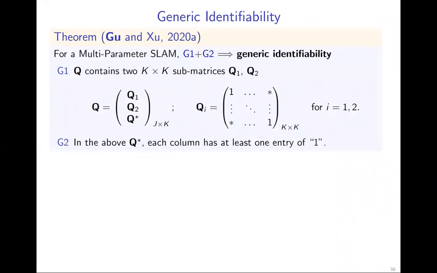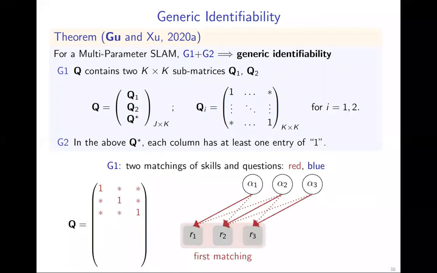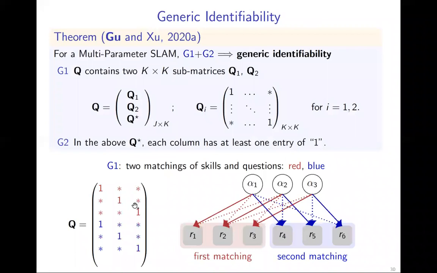Regarding this notion, we established the following conditions are sufficient for generic identifiability for multi-parameter latent attribute models. The first condition says that the Q needs to contain two K by K submatrices, Q1 and Q2, such that each of them has all the diagonal entries equal to 1, but any of the non-diagonal entries are free to be either 1 or 0.